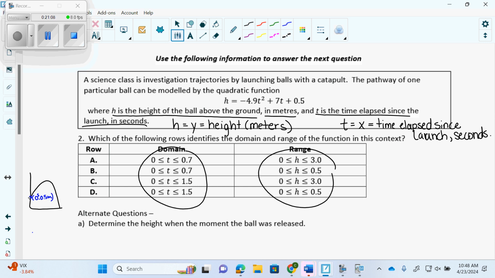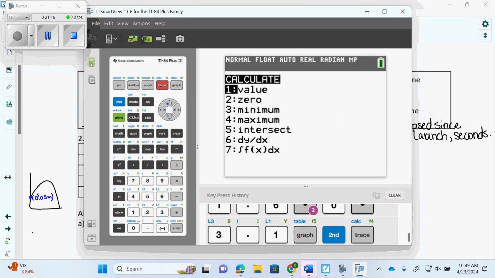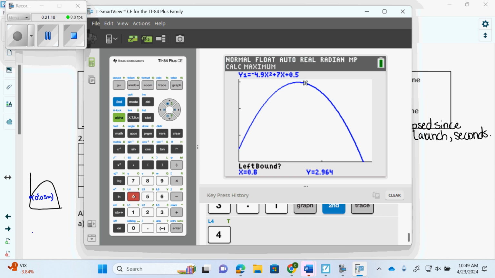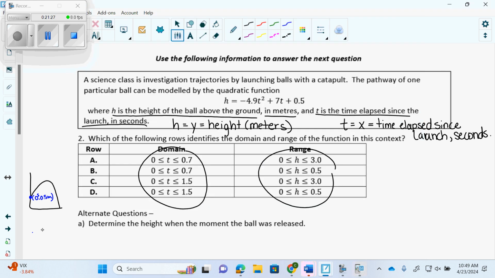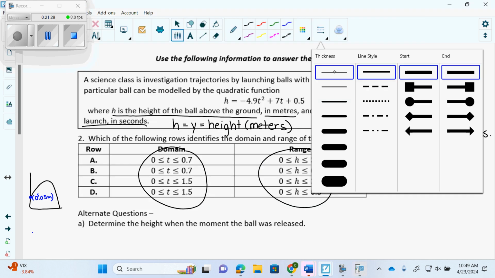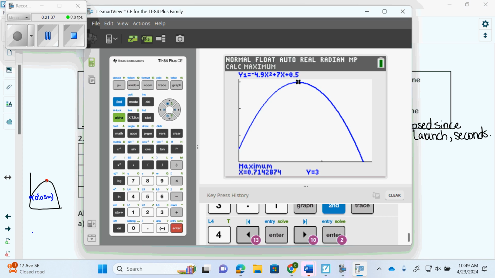I'm going to fill in all the coordinates. Your phone should not be out, and you should be paying attention. Then I'm going to get the maximum. I'm going to go second trace, max, which is 4. Left bound, right bound. And I have 0.71 and 3. Do I just go 0.71, or what did I tell you to do last time? Just keep going. You have to write all of them because we don't want to round until the end.